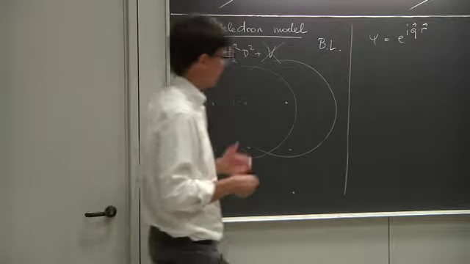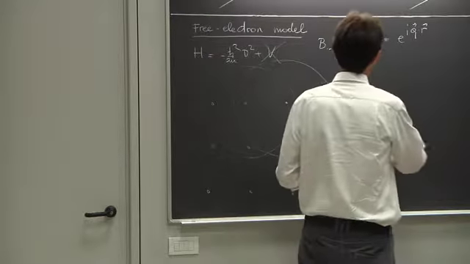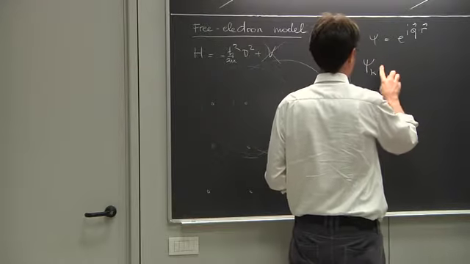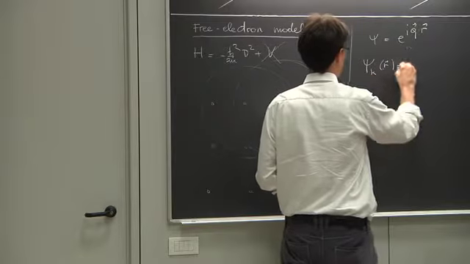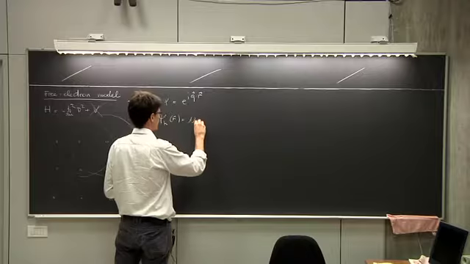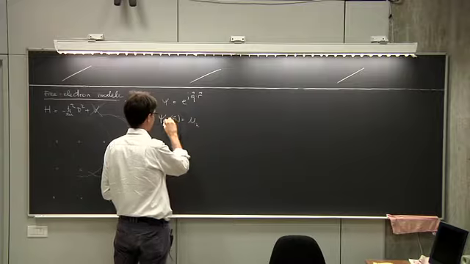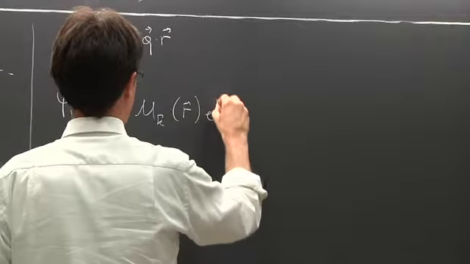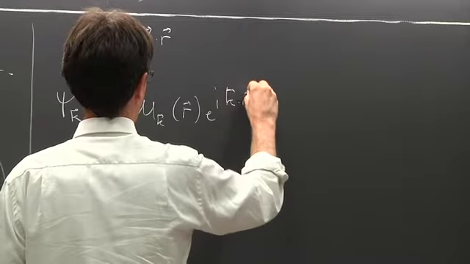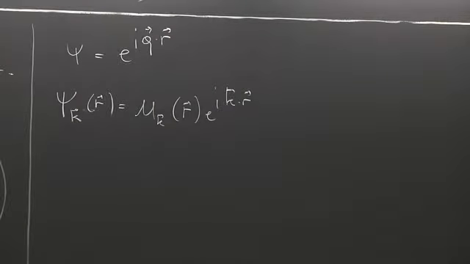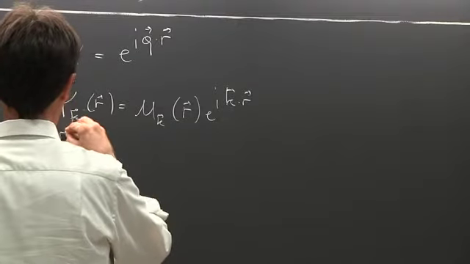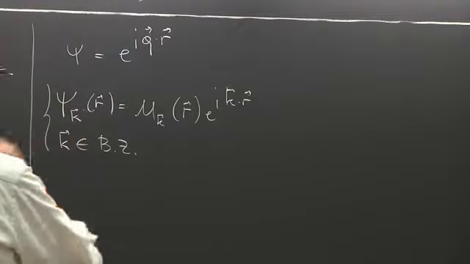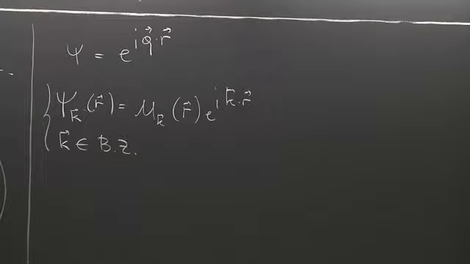So let me remind what Bloch's theorem states. It says that solutions of the problem can be written in this form: psi k of r equals u k of r e to the i k dot r, with k belonging to the Brillouin zone of this particular Bravais lattice.